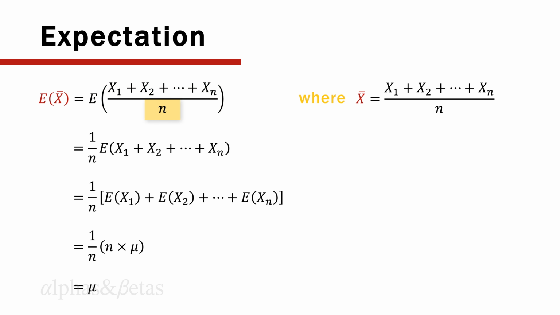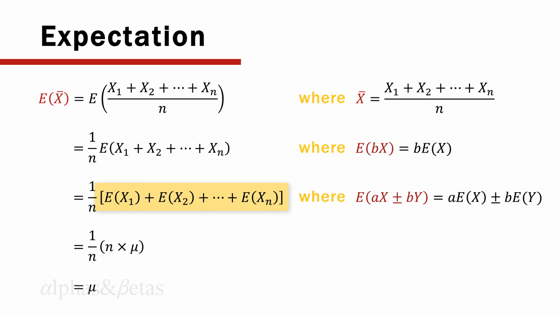N is a constant, so it can be taken out of the expectation. The expectation of the sum of n random variables is the same as the sum of the expectation of each random variable. The expected value of each random variable is mu, so the total is n times mu. The n and 1 on n cancel out, so you're left with mu. The expected value of the sampling distribution is mu.